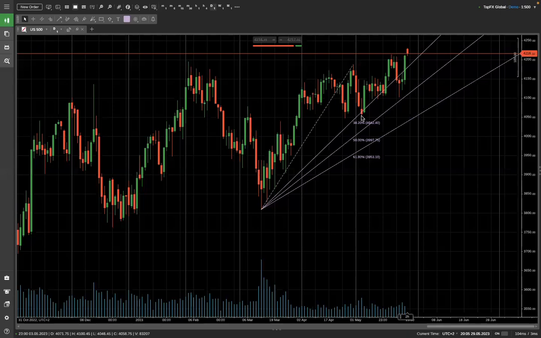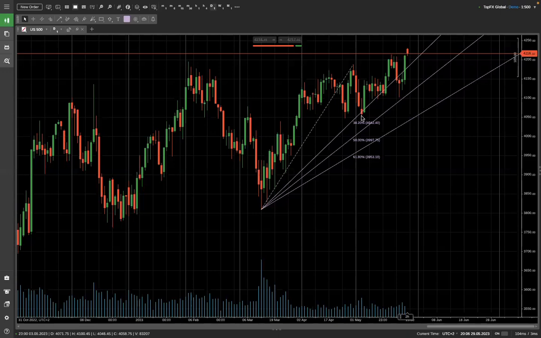Once a trader identifies patterns within a chart, you can use these patterns to predict future price movements and the future levels of support and resistance, and use it to time your trades.